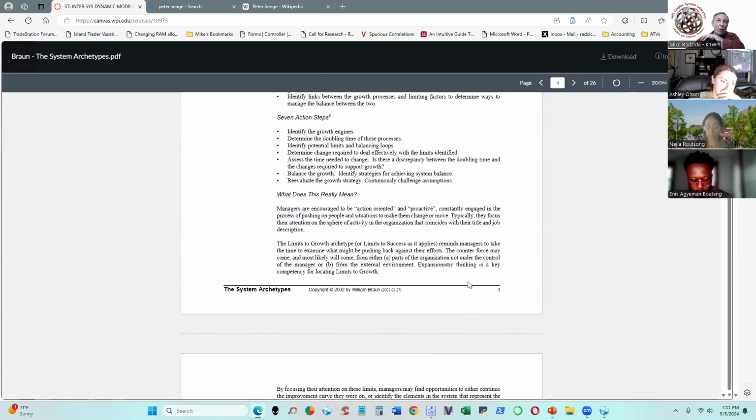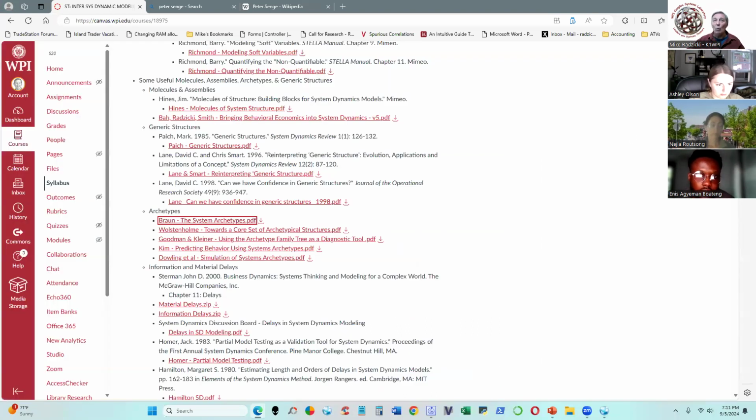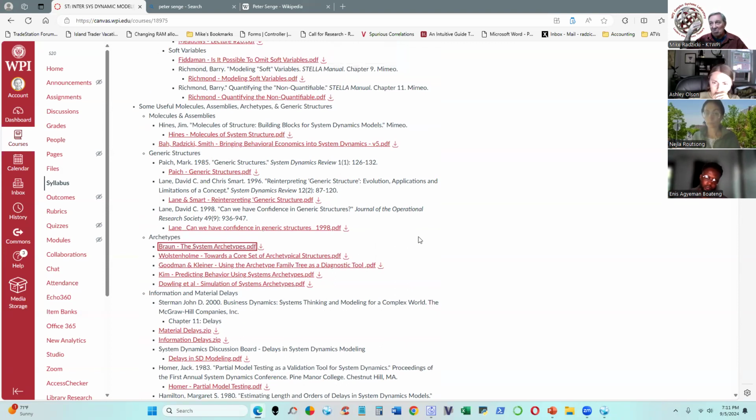But at any rate, this Braun guy is the one who came up with this particular way of identifying or organizing the archetypes. And there's some other stuff about predicting behavior using archetypes. Not saying the archetypes give you no idea about behavior, but you just can't know for sure. So we want to be a little bit thoughtful about using any of these tools.